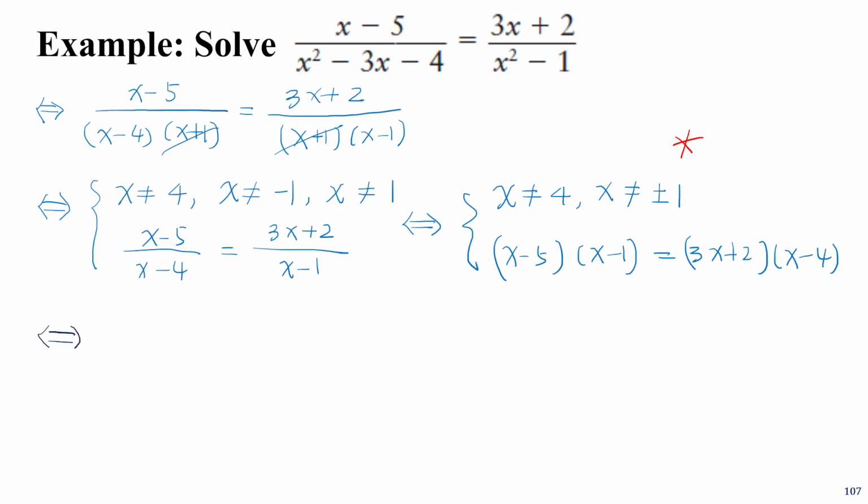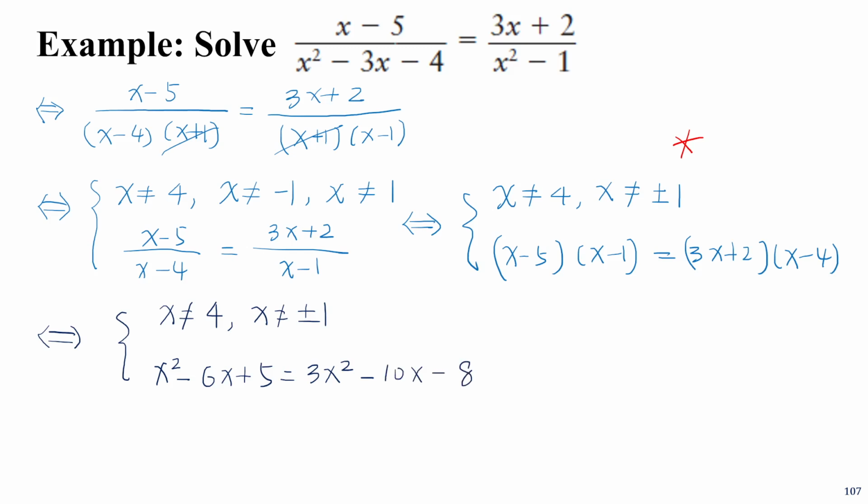And that is equivalent to, first x cannot be 4, x cannot be either negative or positive 1. Then we can expand the cross product, which is x squared minus 6x plus 5 equals 3x squared minus 10x minus 8, right?